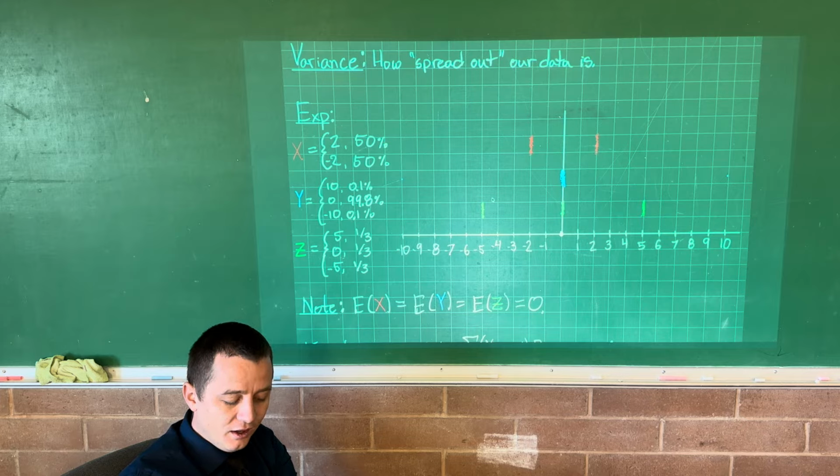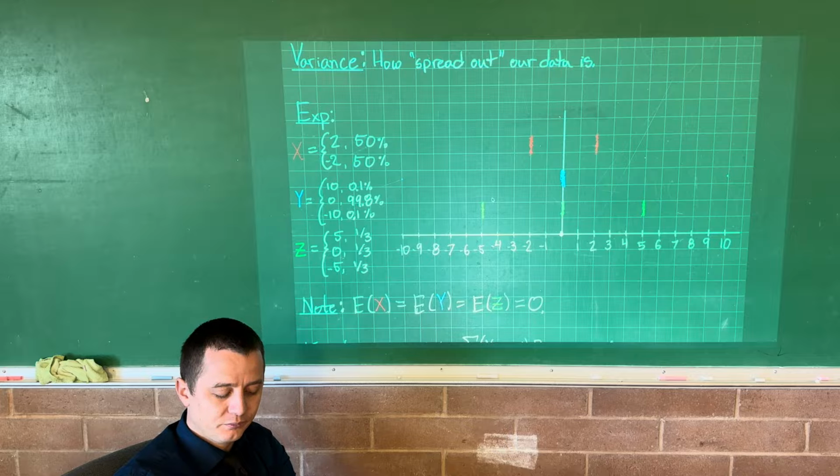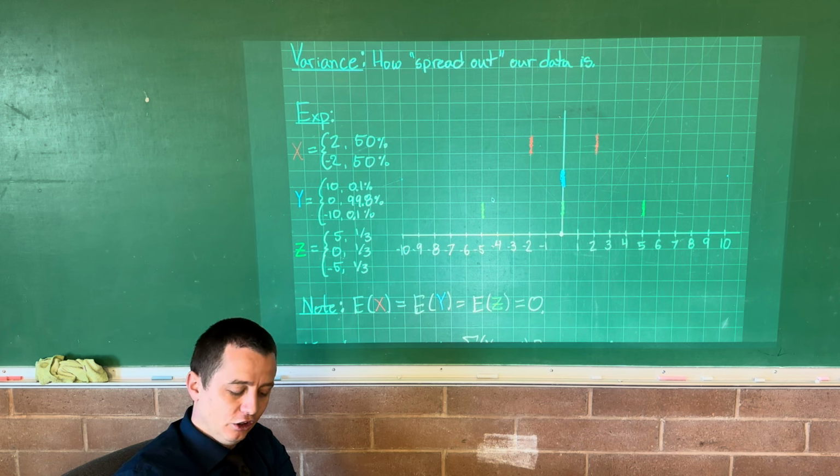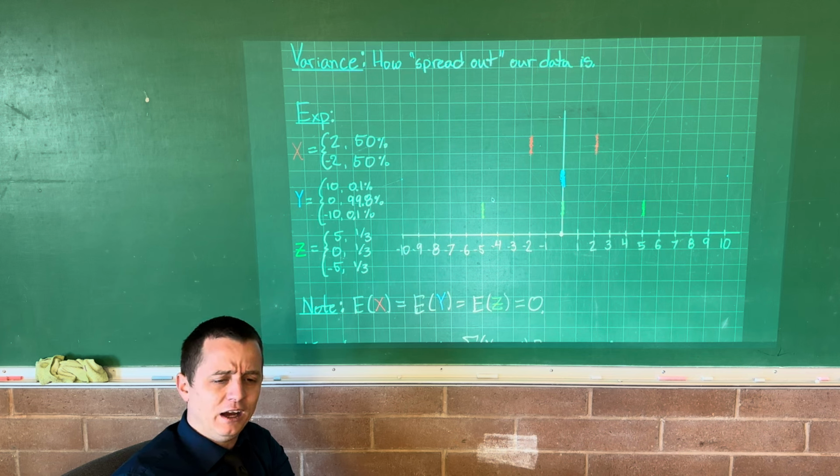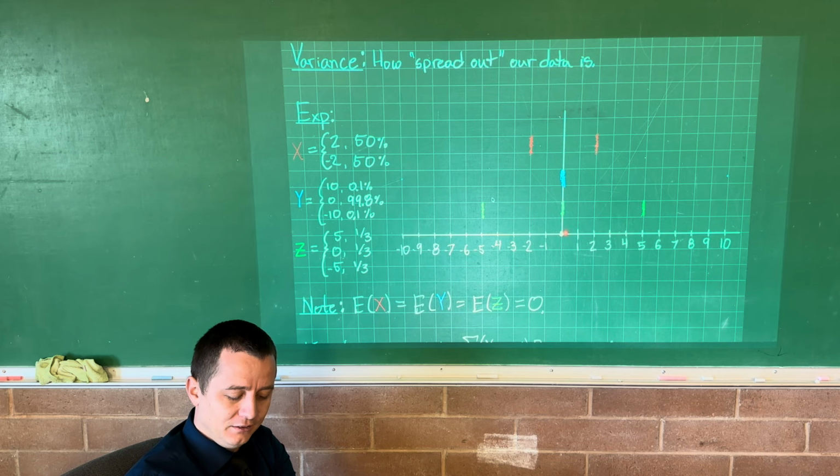So they cancel out, and they would all cancel out to 0. And then finally, z here, they all cancel out to 0 as well. So yes, notice that they all have an expected value of 0. We think about the expected value as their center, so they're all centered at 0.